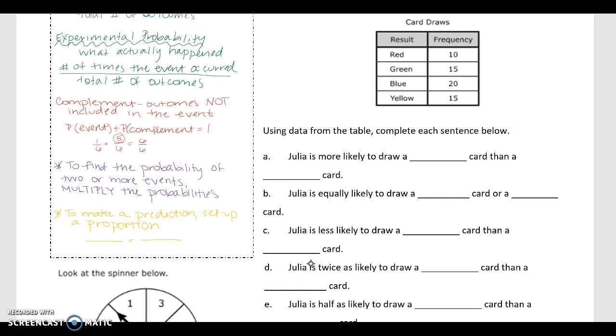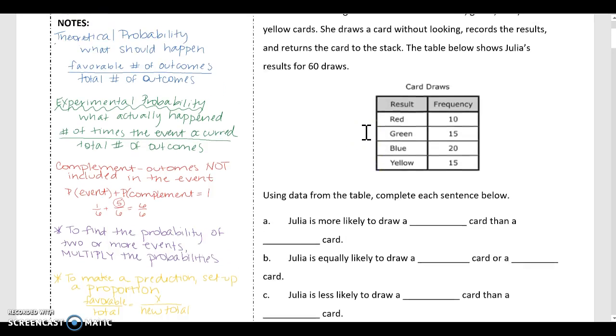So the favorable number of outcomes on top over the total, and then you're going to have x over your new total.